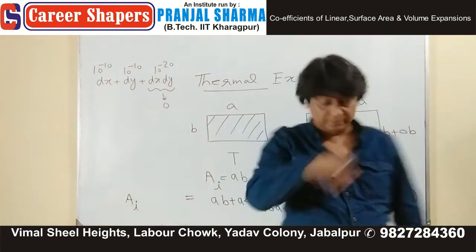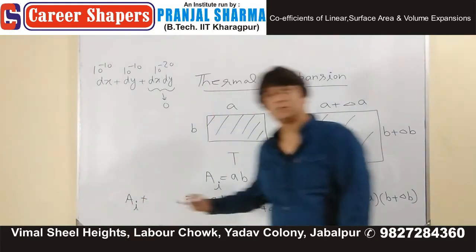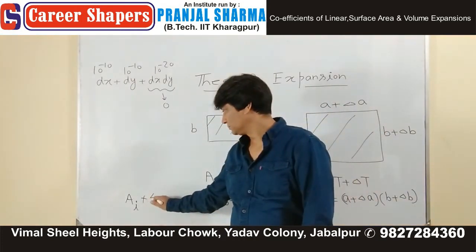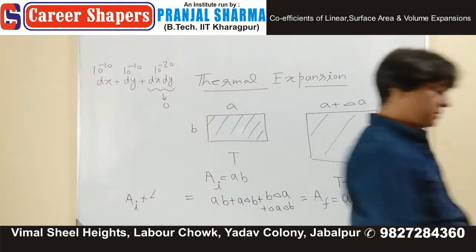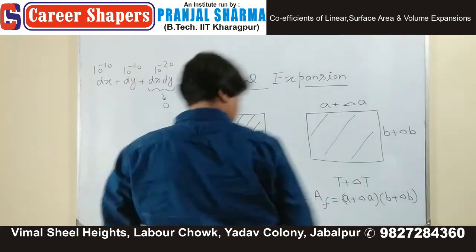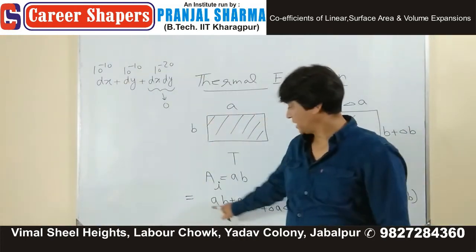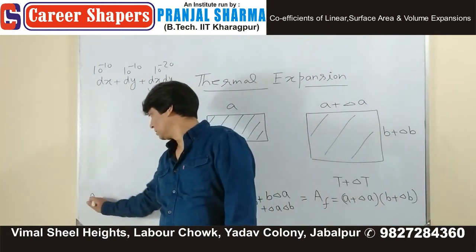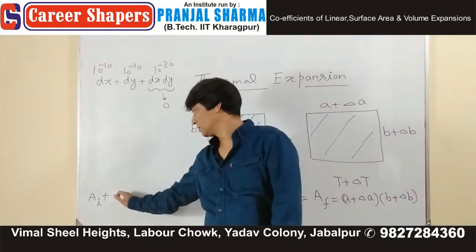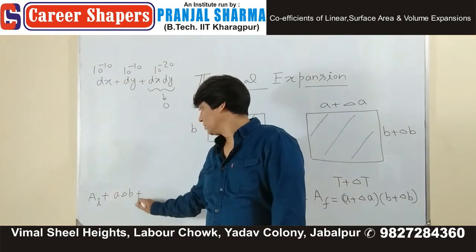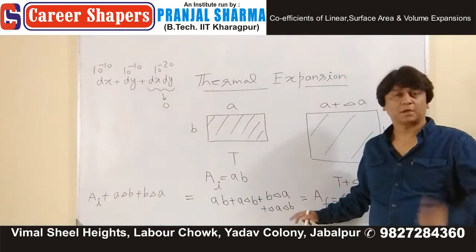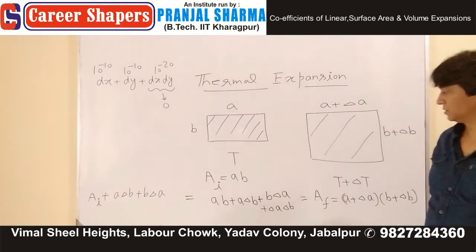This A initial has two things: A delta B plus B delta A, and this part is almost 0 because of that logic.